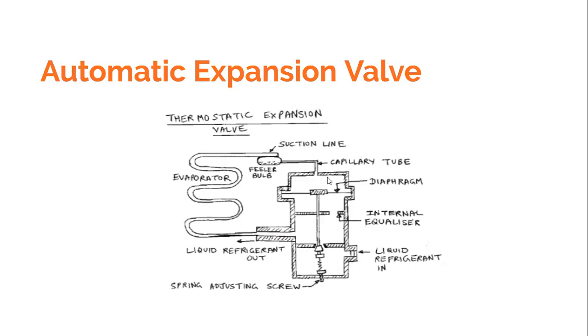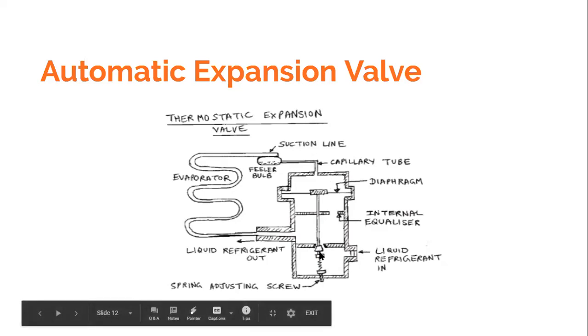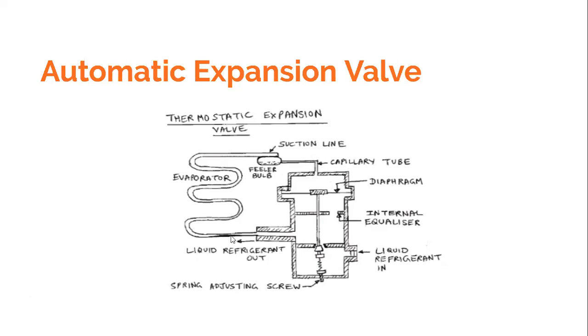So when there is increased pressure on this diaphragm, this valve would tend to open, and more liquid refrigerant would flow through this evaporator. Now when more liquid refrigerant enters this evaporator, the degree of superheat will automatically readjust back to 5 degrees centigrade. So that is very interesting.